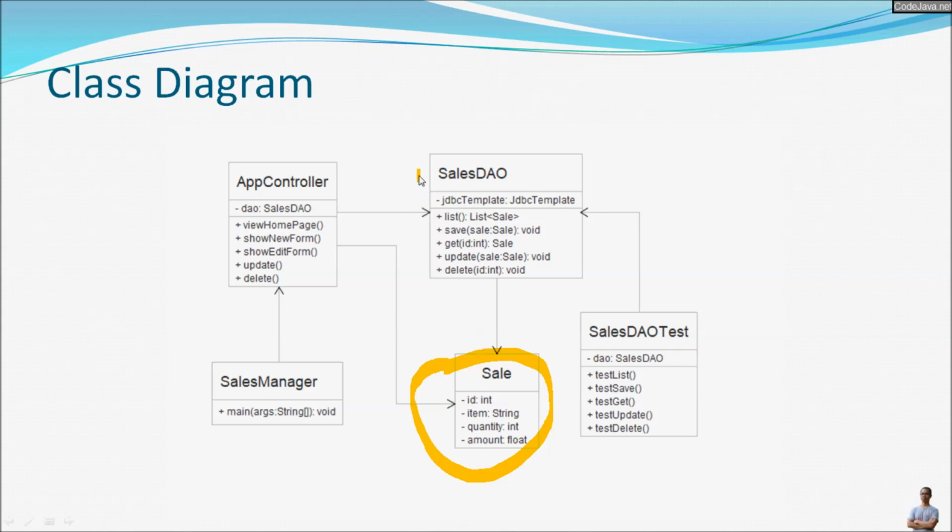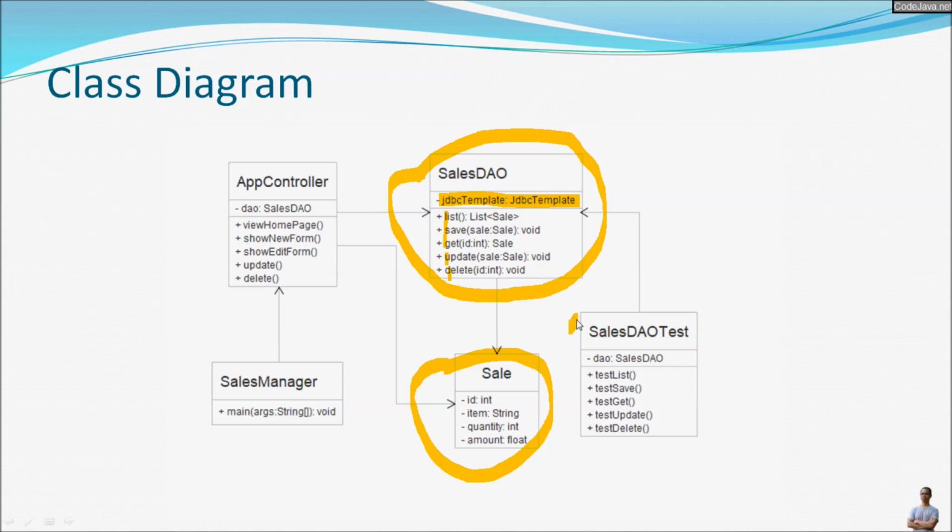And then the SalesDAO class that implements CRUD operations using Spring JDBC via the use of JdbcTemplate class. You can see the CRUD operations here: list, save, read, update, delete.